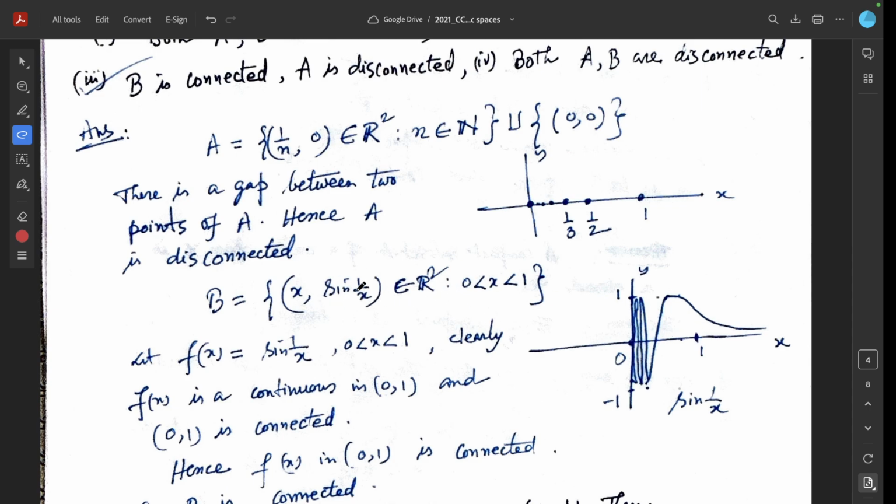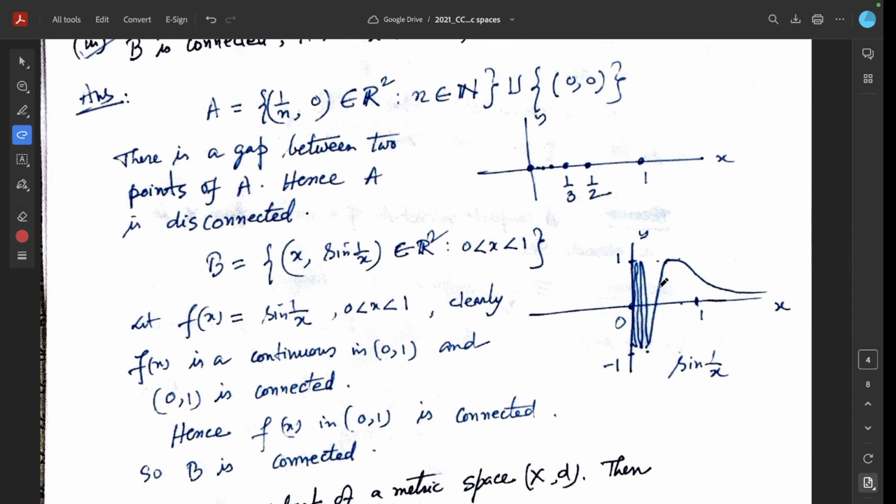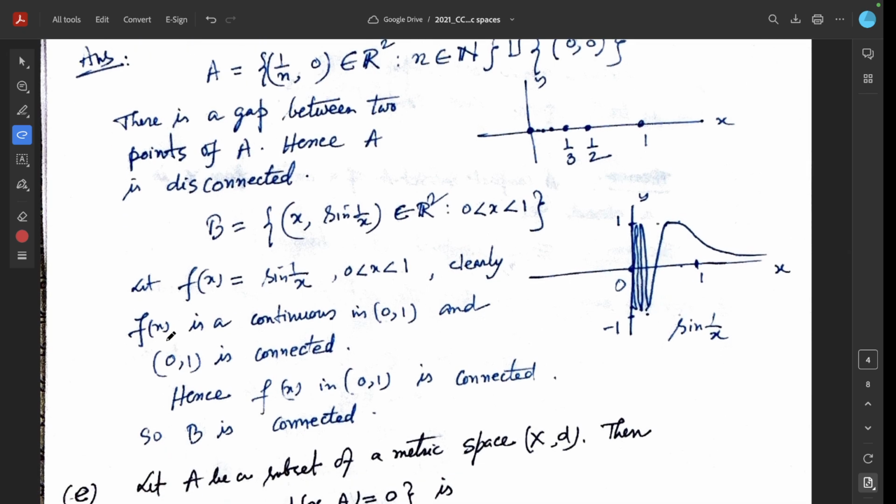If f(x) = sin(1/x), then clearly f(x) is continuous in this open interval (0, 1), and any two points on this graph can be connected by a path. So this is path connected, and f is continuous on the interval (0, 1), which is connected. Hence the graph of f on this interval is connected, so B is connected.